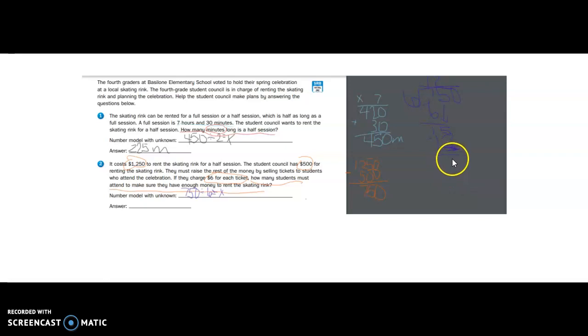Sorry, 3, because 15 minus 12 is 3. I'll drop down my 0. I know 6 goes into 30 5 times, and 6 will go into 30 evenly, so that's going to leave me with no remainder. So they're going to have to sell 125 student tickets to be able to cover the rest of the fees.